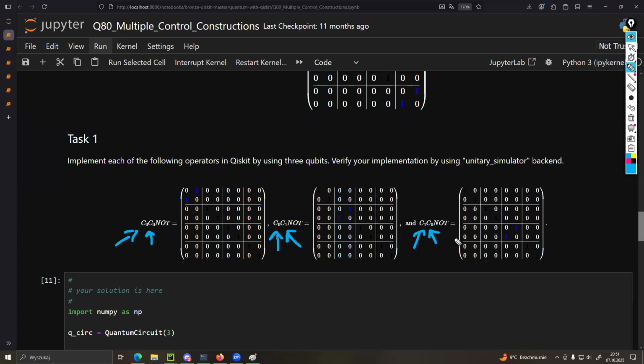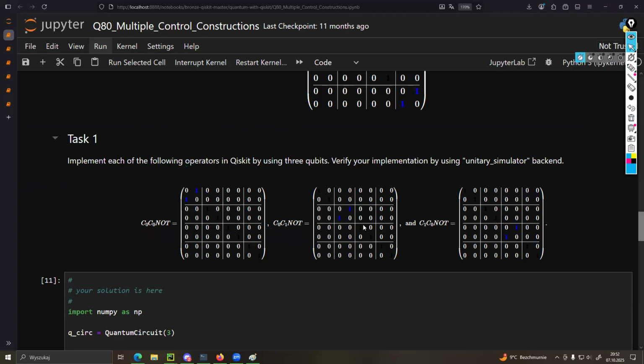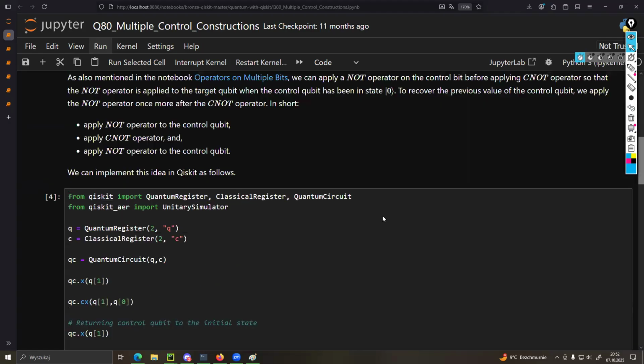So these are the subscripts. So C0, C1, C1, C0 means that I apply X only when the state is 0, 1, 1, 0, right? And this is also in the notebooks, so any ambiguity should be solved.